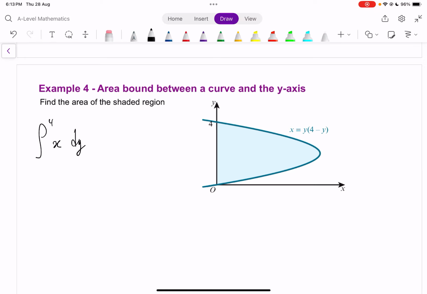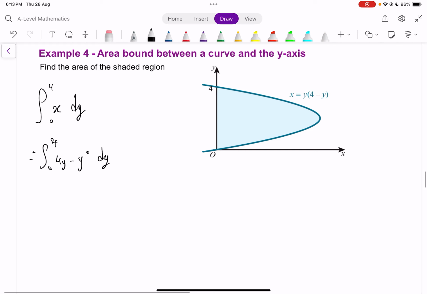Bounded by 4 and 0. 我们的 x equals to what? x is equal to y bracket 4 minus y. So expanded, that makes it as 4y minus y squared dy. So 我们之前 is always doing in terms of x. Now just change to in terms of y. That's it.